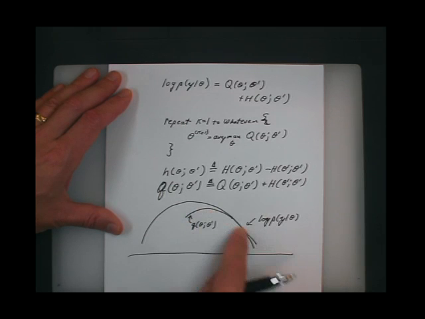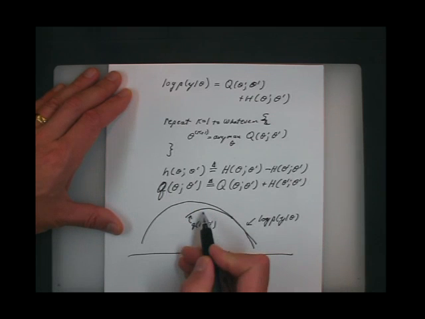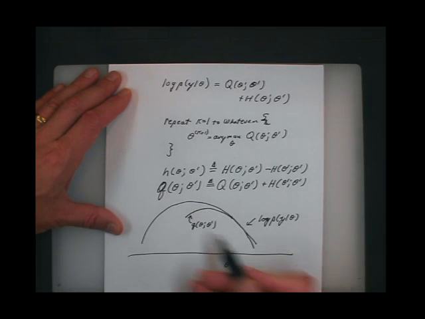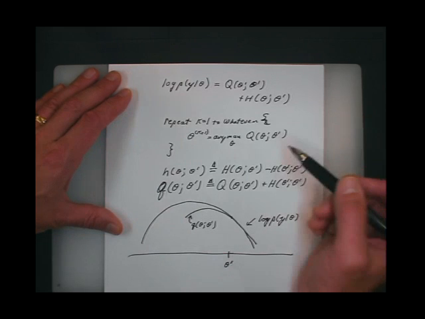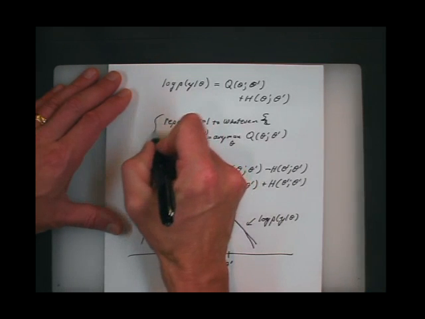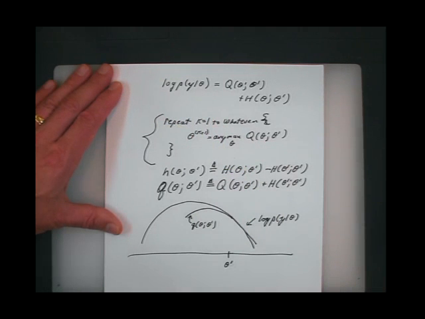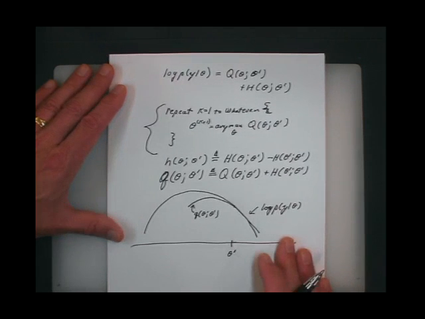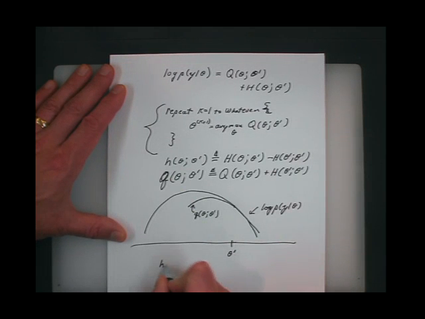So this q is a lower bounding function. It's very intuitive. If you maximize the little q, you'll get an increase in the actual log likelihood. So every iteration of this EM algorithm will increase the log likelihood, right? It makes perfect sense. And with this definition, h of theta prime equals 0.